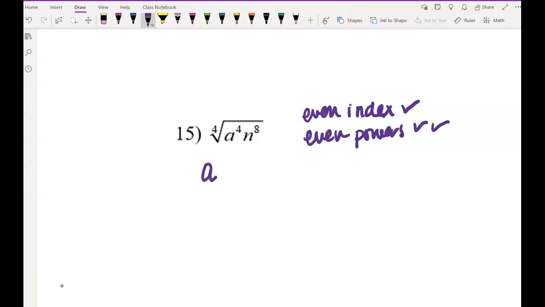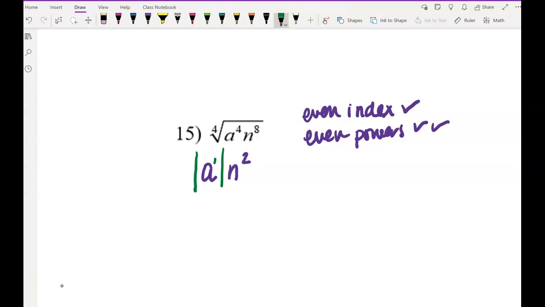n to the eighth, that means there are 8 n's, okay? With an index of 4, that means we can take out n squared. Well, that final answer n squared does not have an odd power, but a is to the 1 power, so a has an odd power, so we need an absolute value around a.